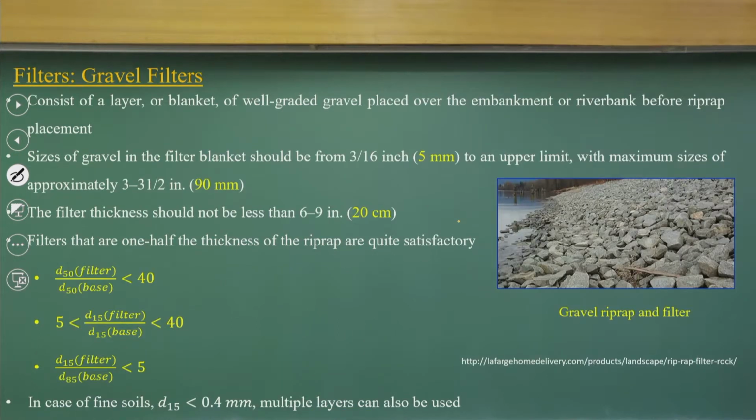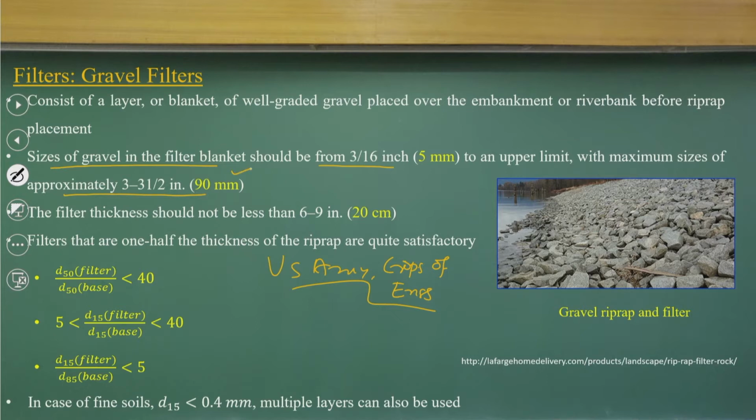Now, if you look at the next slide, where we talk about what the filters should be, that is what the US Army Corps of Engineers design guidelines say. They said the size of gravel in the filter blanket should be from 3/16 inch (5 mm) to an upper limit, a maximum size of approximately 90 mm.